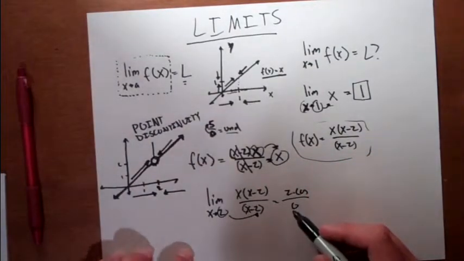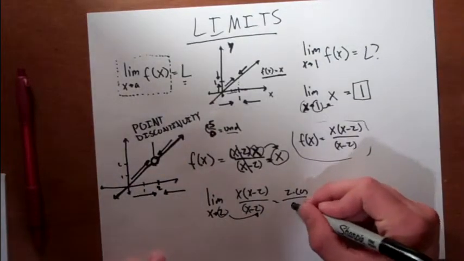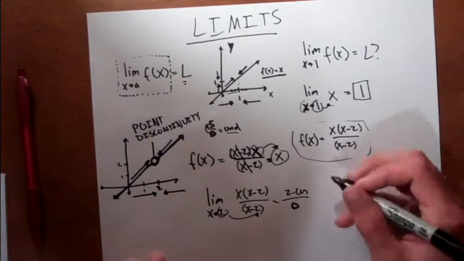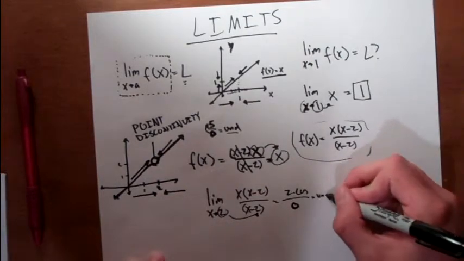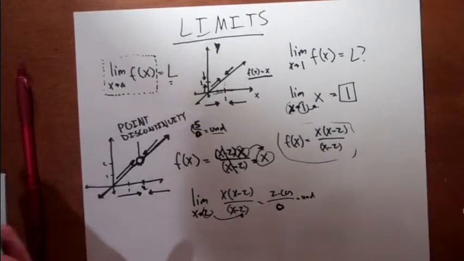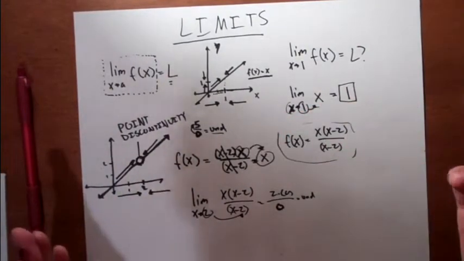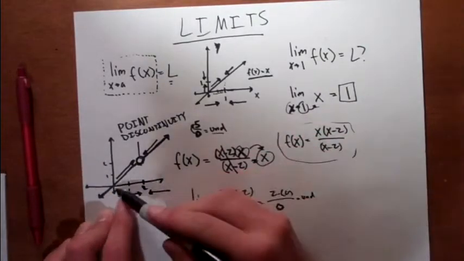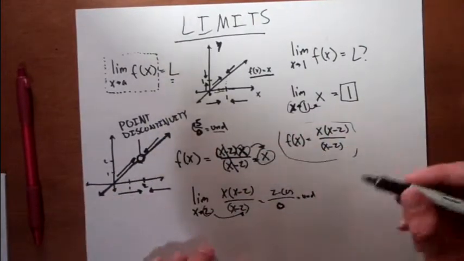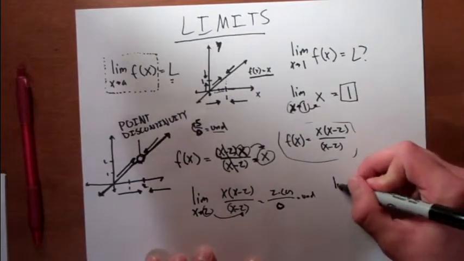This is where we have to do something a little tricky, because when something is divided by 0, it's undefined, so we get an undefined limit. But in this case, our limit is not undefined, as we'll see in a sec. The way we fix this is we do what I did when I was showing you why this graph is equal to this function: we cancel out these values when evaluating our limit.